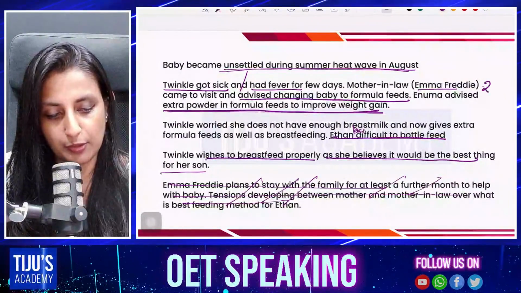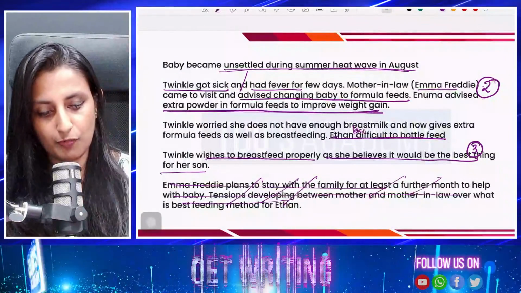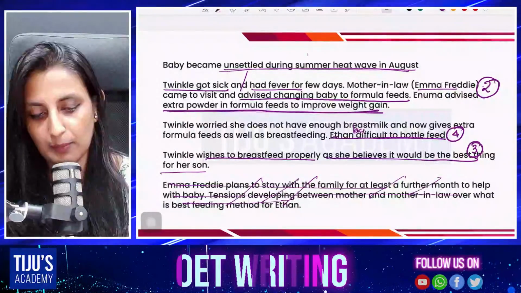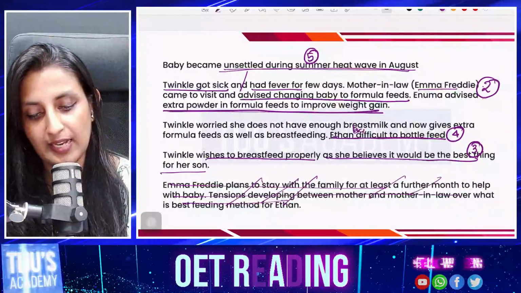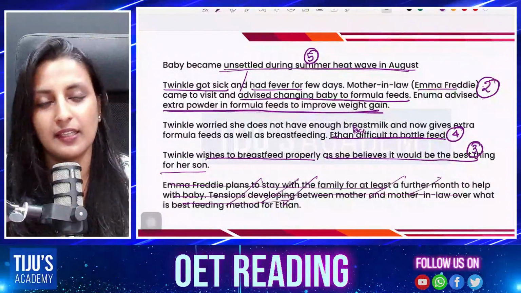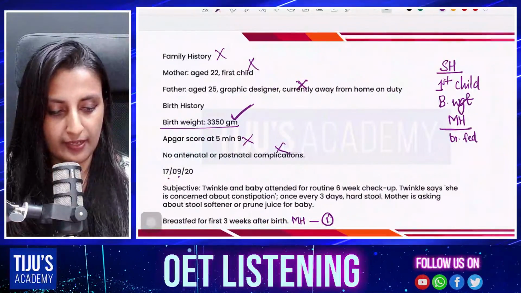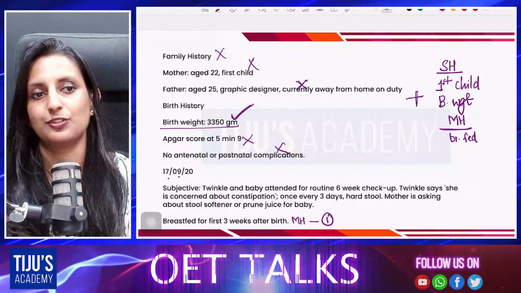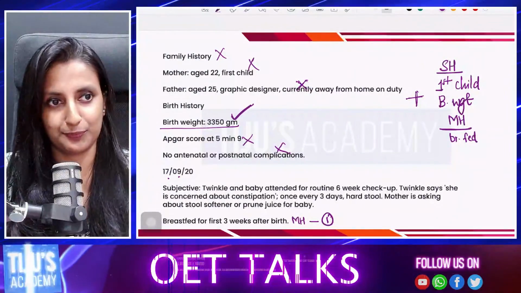Second ഈ ഒരു paragraph പറയാം. Third we can write about this particular point. Fourth you can write about the difficulty issues. And as a fifth line, after completing the issues related to bottle feed, you can tell that the baby has issues with summer heat wave. അതും പാസ്റ്റിൽ നടന്ന കാര്യമാണ്. So in the first body paragraph, we can write both social history plus medical history. ഇതൊക്കെയാണ് നടന്നത് എന്ന് നമ്മൾ പറഞ്ഞു വെച്ചു.